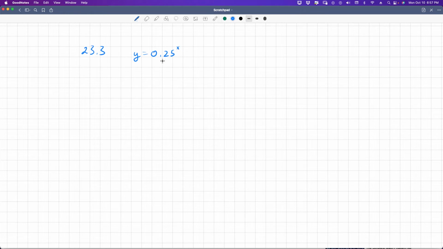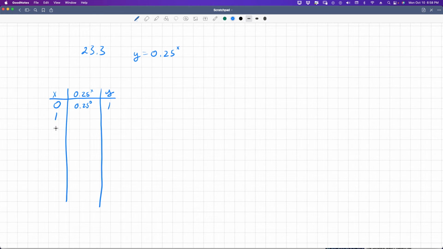the x power. So again, we have to create a table, x, and then we're going to put in 0.25 to the x power, and then that's going to give us our y. So if I put in 0, then 0.25 to the 0 power, it's always 1.